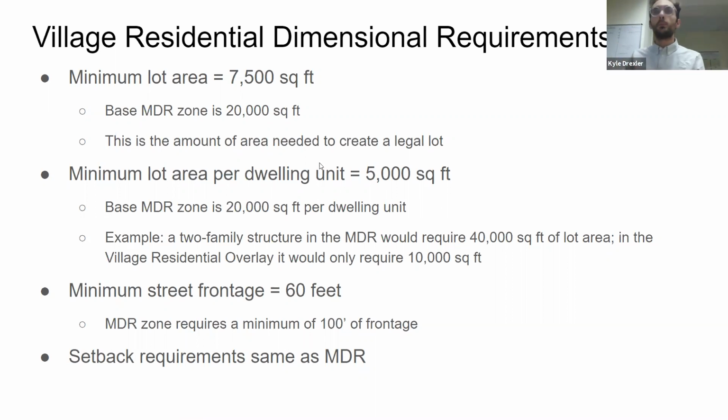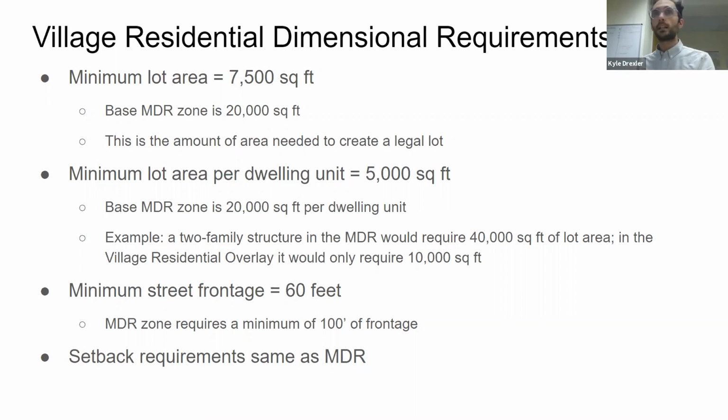So we move on to a little bit more of the specifics and look at the actual dimensional requirements that would go into this overlay district. As I mentioned previously, the medium density residential district right now has a minimum lot size of 20,000 square feet.